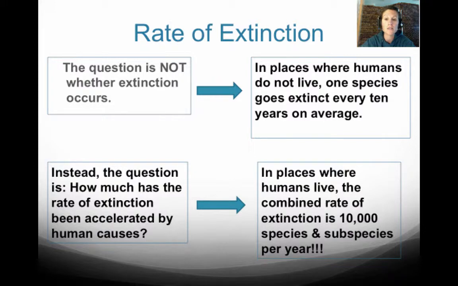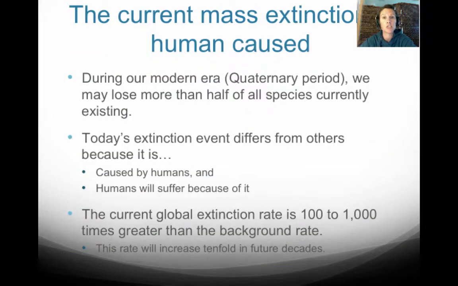So in places where humans do live, the combined rate of extinction is 10,000 species and subspecies per year. So a much, much higher rate than that background rate. So we know for a fact that humans do have an impact on the rate of extinction. The current mass extinction is human caused. Okay, there is no doubt about that. There is scientific evidence that it is human caused.